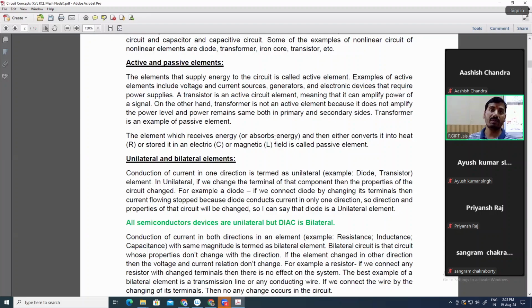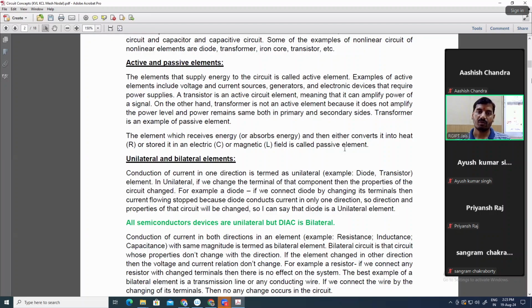Because they don't have their own energy. Whereas active elements are the elements which have some energy in them, and they are able to drive the circuit or supply energy to other components. That element is called an active element.